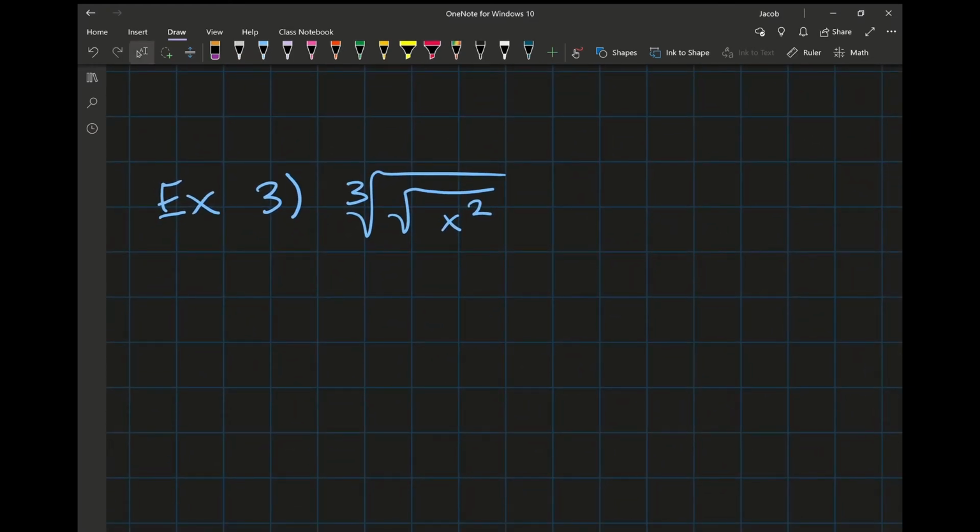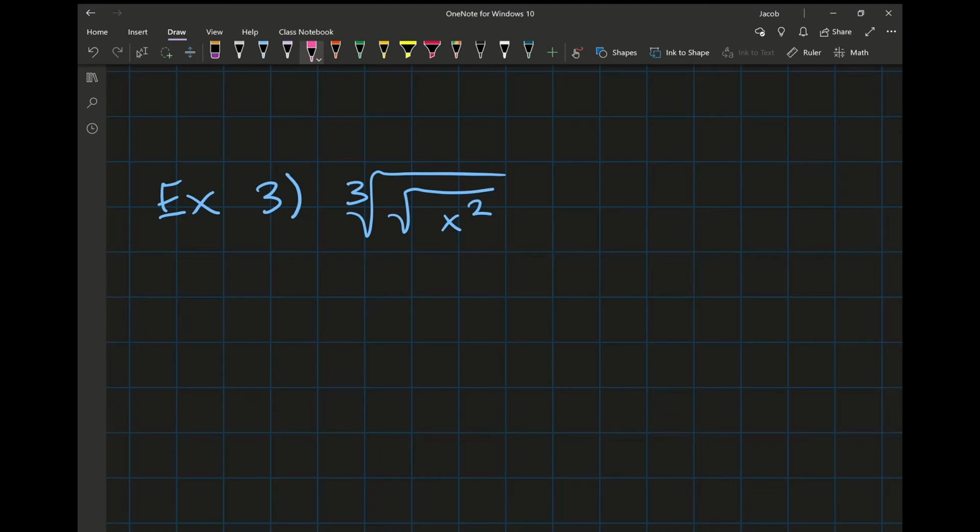For number 3, this one has radicals. And obviously this one is pretty ugly, and we don't want to even think about what it could mean for calculus. But it would be a lot easier if we could just turn it into exponents. So what we're going to do is work inside out.